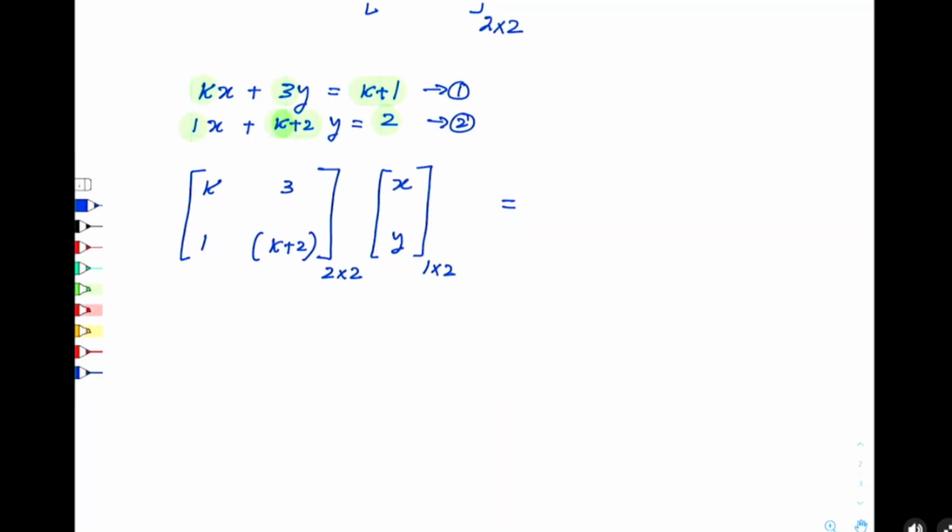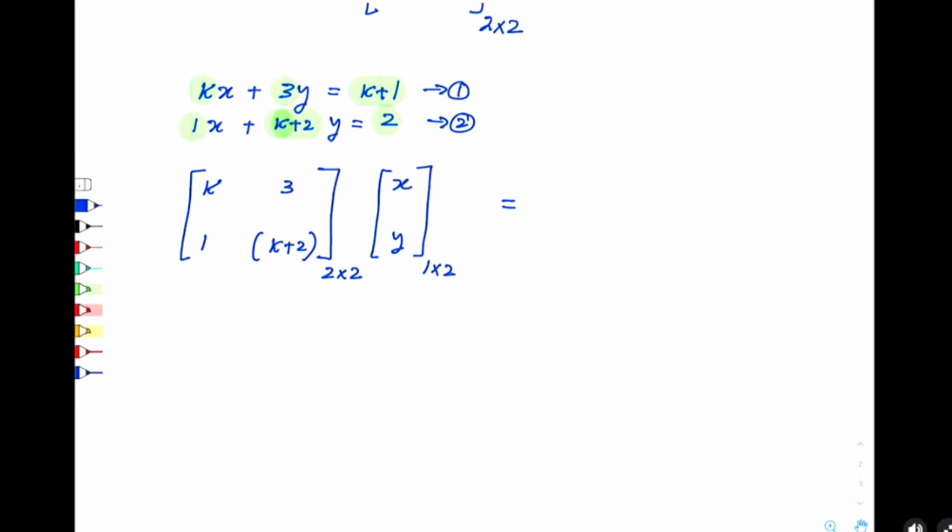When you do this row column multiplication, k times x is kx, you are recovering it. 3 times y, 3y, you are recovering it. When you do this row with this column, 1 times x, 1x, you are recovering it. It's very easy. K plus 2 times y, you are recovering it. Easy peasy. So this is nothing but the matrix representation of simultaneous equations.